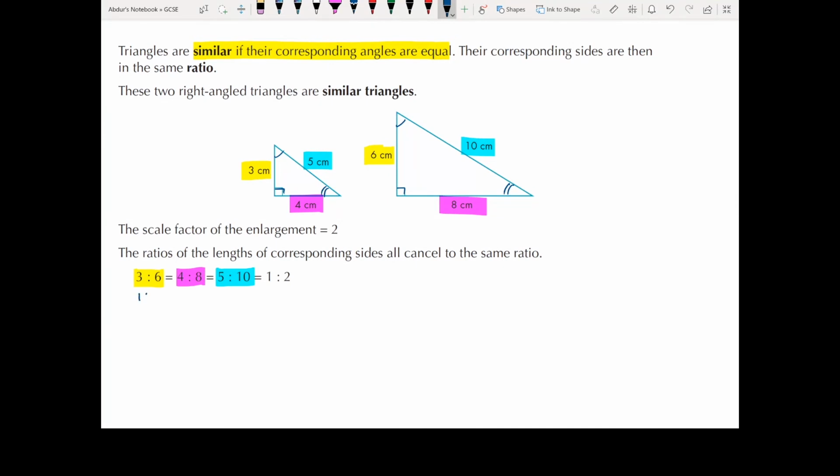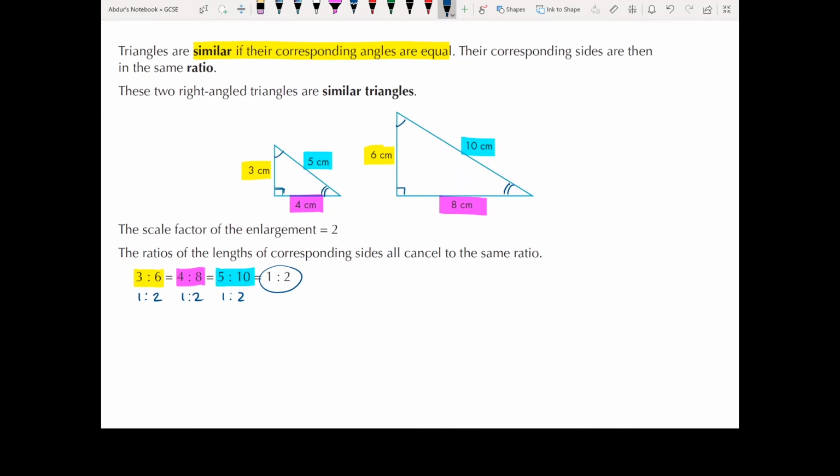So this simplifies to 1 to 2, 1 to 2, 1 to 2. Okay, so that's why we've got all of them simplifying to the same thing. So that's firstly the most important thing about similar shapes, that their corresponding sides are all in equal ratios, and that essentially what we have is one shape is an enlargement of the other.